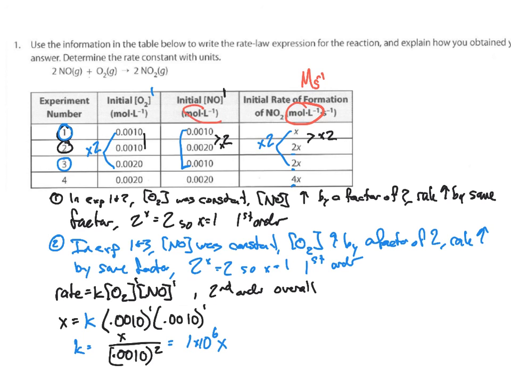Each of my concentrations are in molarities, so I've got a rate that is molarity per S, and I am dividing by a molarity squared. That cancels, so my constant here is going to have units of S negative 1, M negative 1. And that's how we are doing those initial rates.